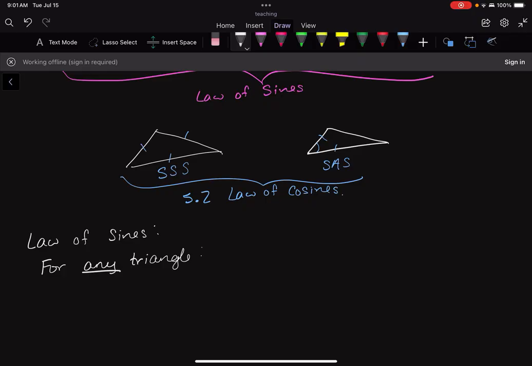It'll still work. It just would probably be a little bit harder. So here is the law of sines. It says the ratio of sine of angle A divided by A is equal to the ratio of sine B over B, which is equal to the ratio of sine C over C. And remember, those capital letters are the angles, and the lowercase are the sides.